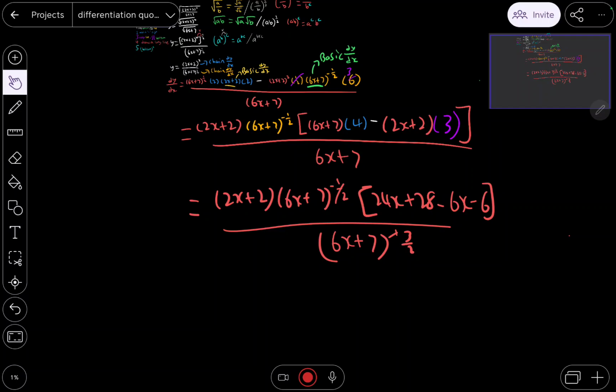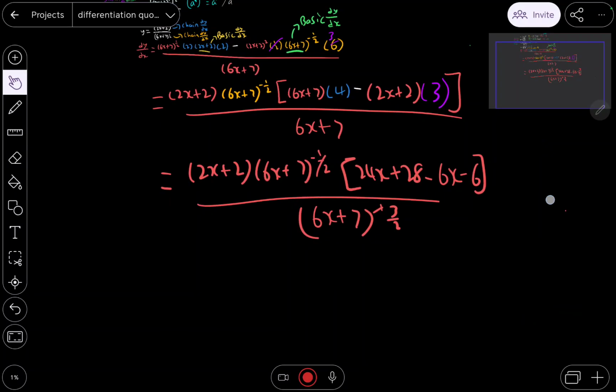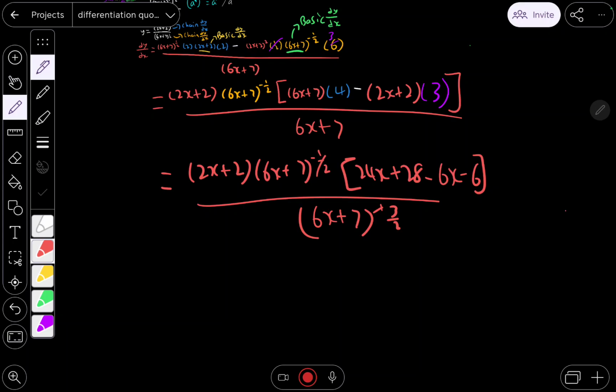Hold on, let me think. 6x plus 7, negative half, and 1. Yeah, 3 over 2. Because 1 plus half is 1.5, which is 3 over 2, and in A math, you can write improper fractions. So it's okay. This will be equal to 2x plus 2, and this one is actually gone.